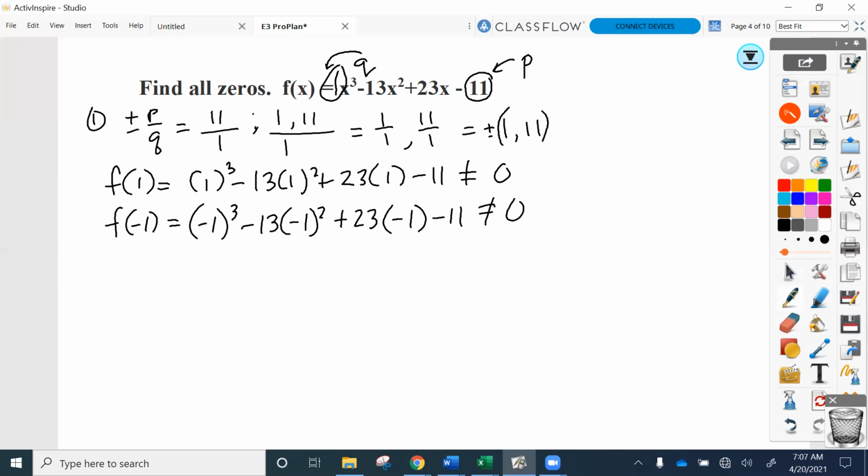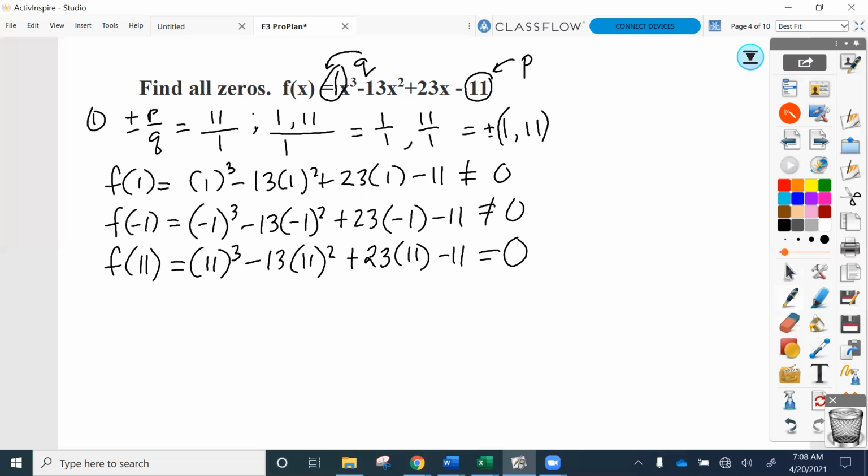All right, so let's try positive and negative 11. Let's see, we put that all in our calculator and yay, we finally found a 0.